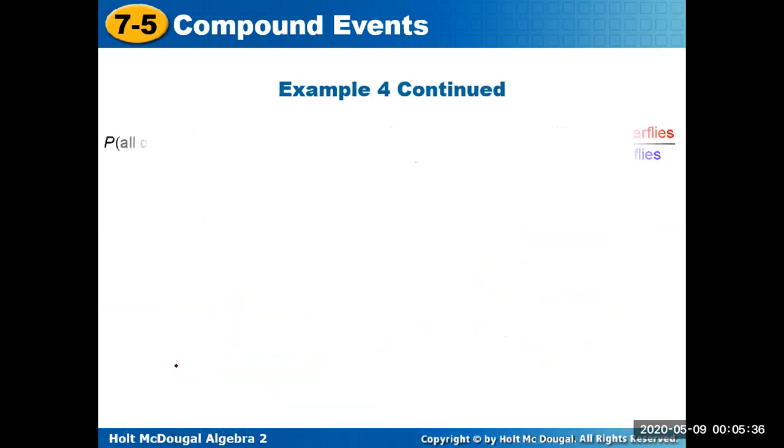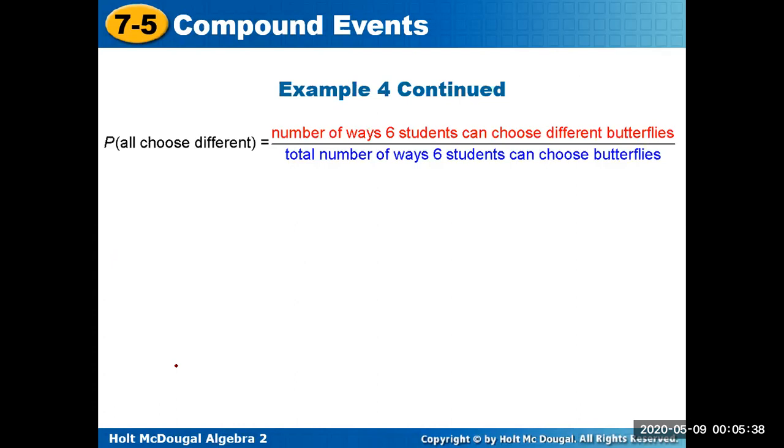Let's put the answer from here. Probability of all choose different is the number of ways 6 students can choose different butterflies divided by the total number of ways 6 students can choose butterflies. Here they did not say anything about the importance of order, and there is no problem in repetition.